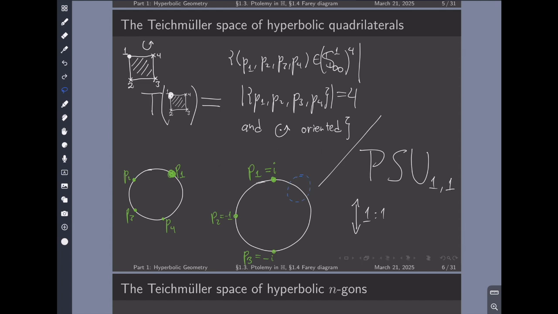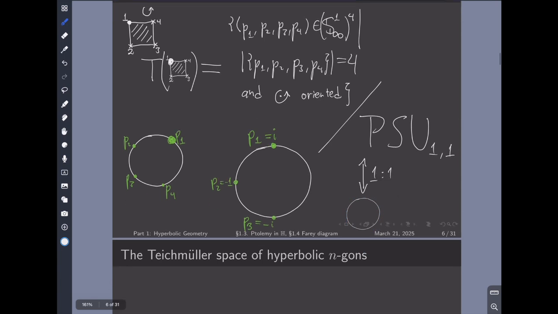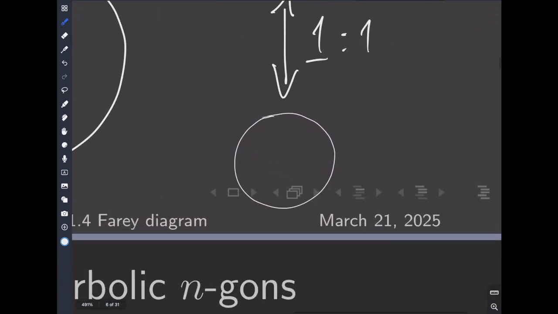Let me just, at least with this part of the circle, which is when I erase this closed subinterval, right? So here is I, and here is -I, yeah?